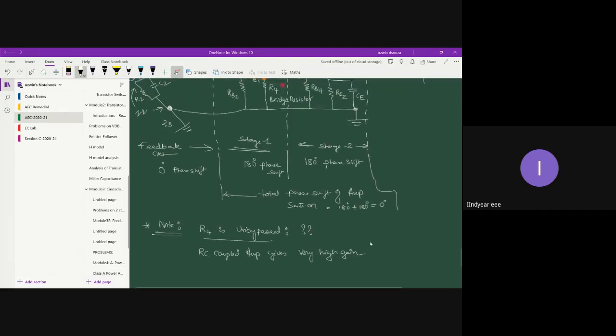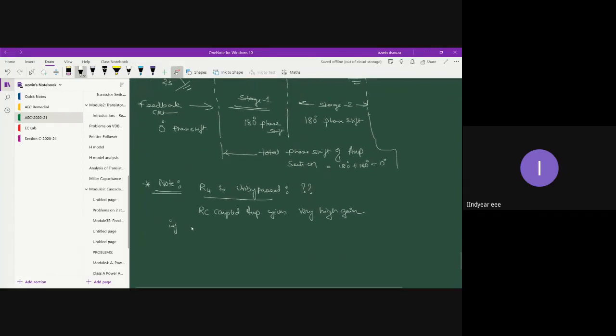If a bypass capacitor was used in stage one, the overall gain of the two-stage RC amplifier would have been very high.